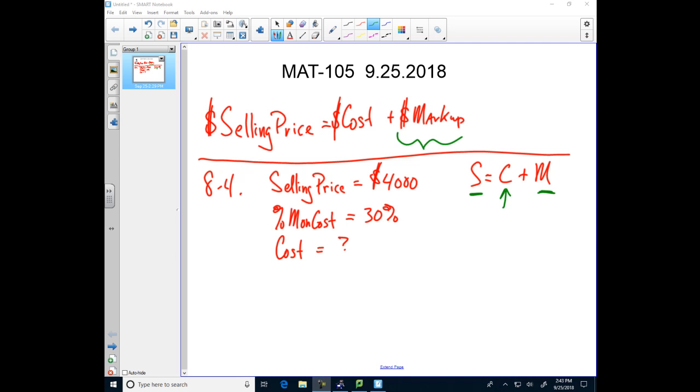Okay? Now here's what I recommend. You got your book there in front of you. This is based on cost. You see there where it says percent markup on cost? So let's go back to page 226. You remember in that left-hand column, those first formulas are based on cost. And then when you go over to page 227, those are the ones based on selling price. So that kind of gets you in the ballpark. We're going to be on 226.